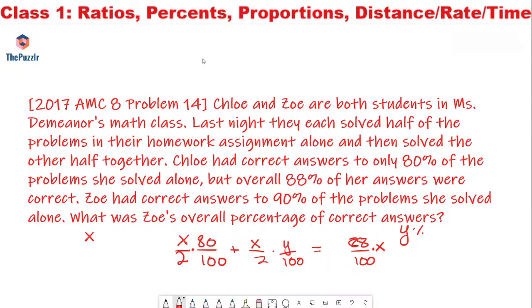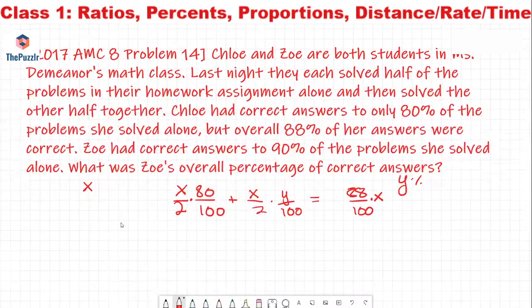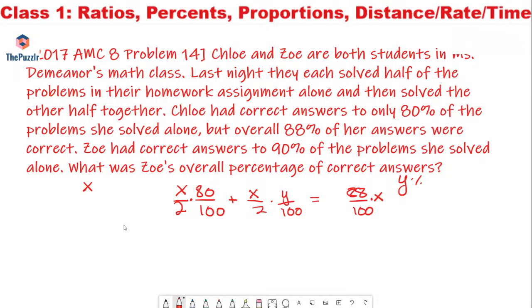Now we have an equation with two variables, but we're just hoping that the X's either cancel out or don't matter. Let's see. Let's do some multiplying out. We get 80x plus xy over 200 is equal to 88x over 100.